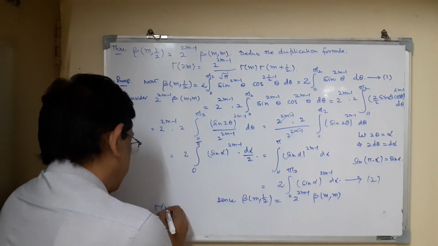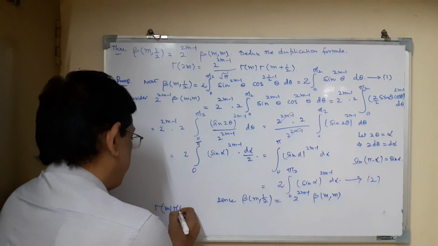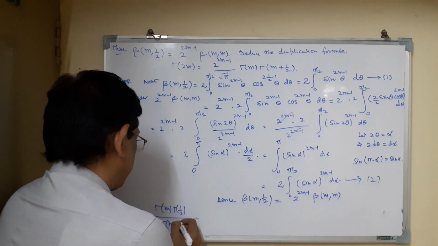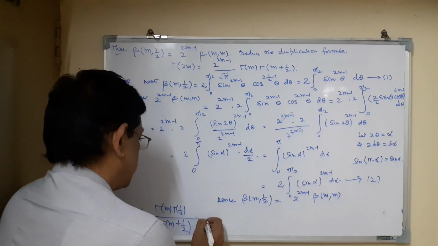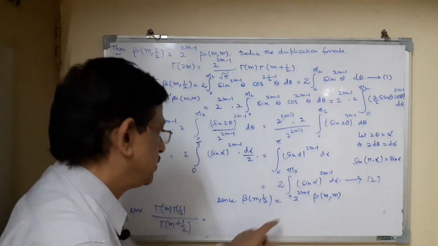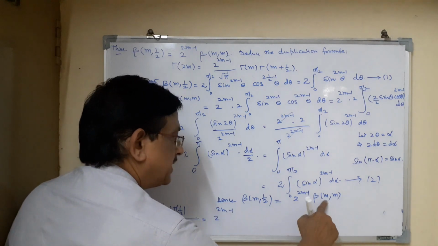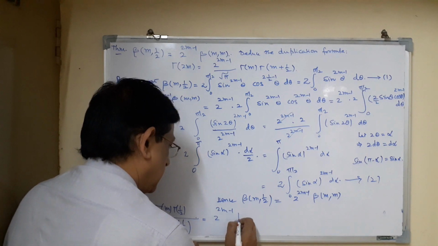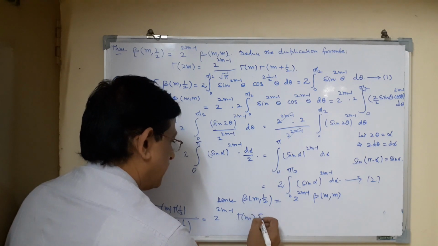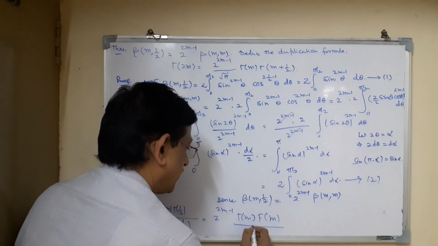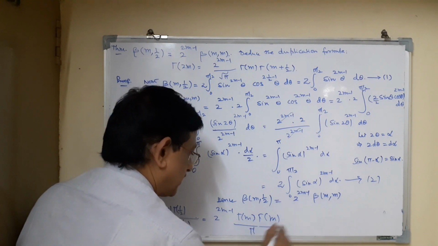It is gamma m into gamma 1 by 2 by gamma of m plus 1 by 2, which is equal to 2 power 2m minus 1. What is beta m comma m? Gamma m into gamma m by gamma of m plus m, which is 2m.